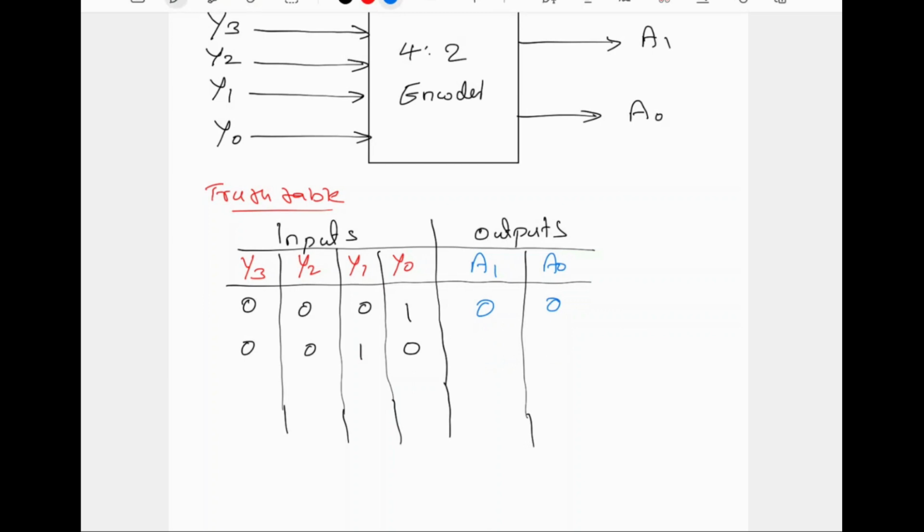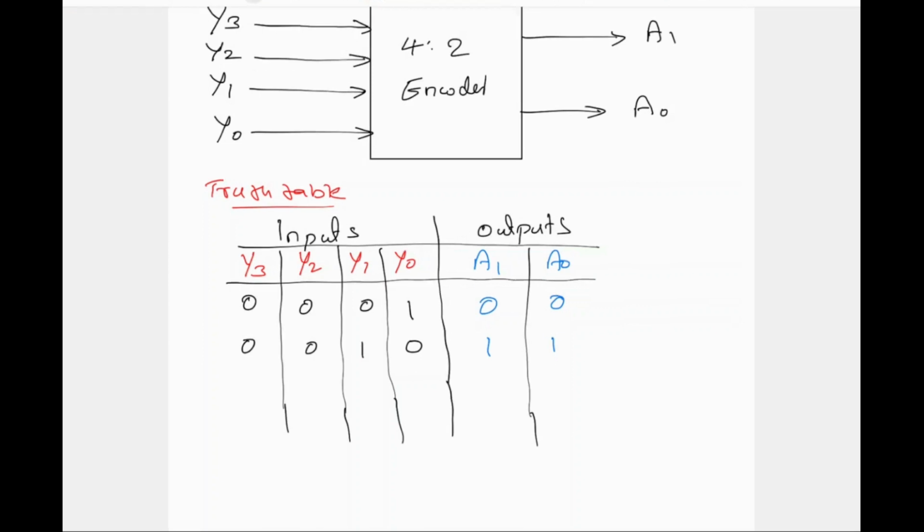You can choose another sequence. You can choose 1, 1 also. We will get the logic circuit according to our design. So you can choose any combination. For simplicity, I am using the order of binary sequence, 0, 1.